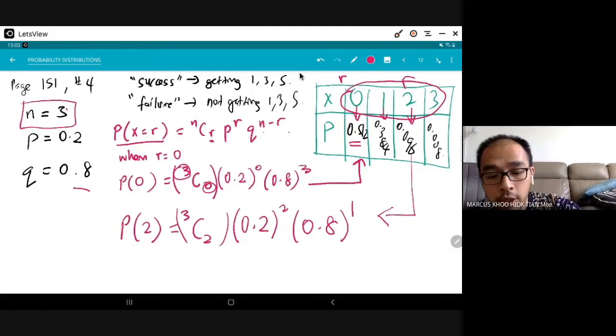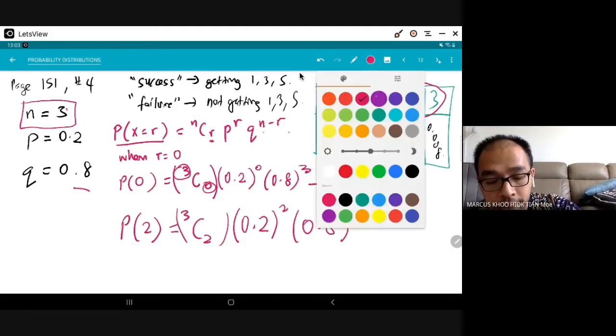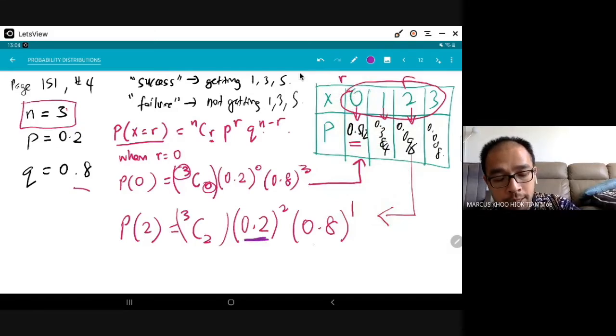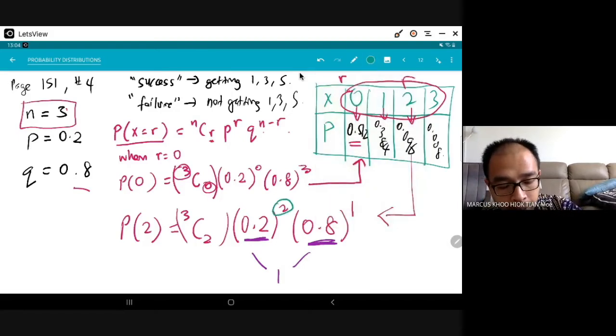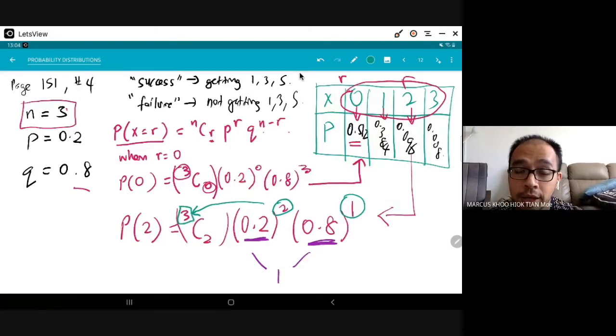Okay, I want you to notice a very interesting thing. 0.2 plus 0.8, okay, dia punya jumlah mesti 1. The power, itu power yang kamu letak ini, dia punya jumlah mesti sama dengan nombor n. Okay, just something interesting and it helps us to remember this formula better.